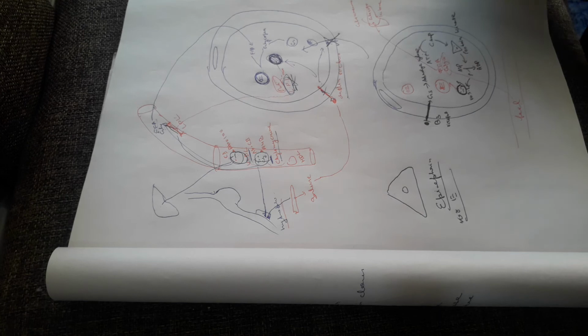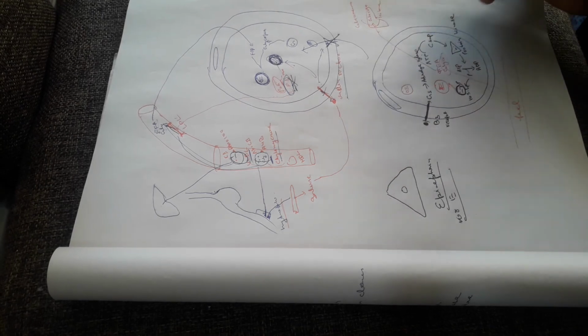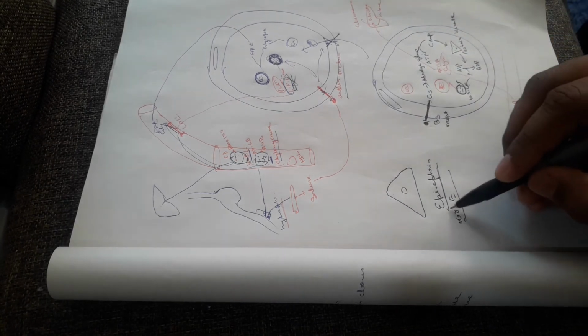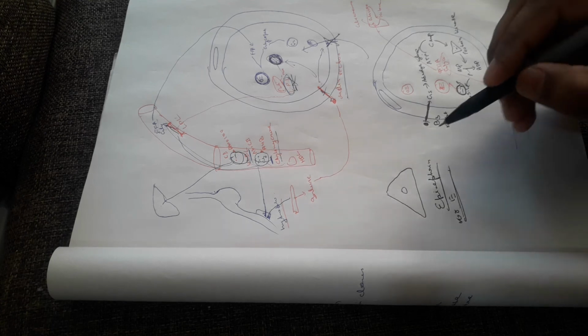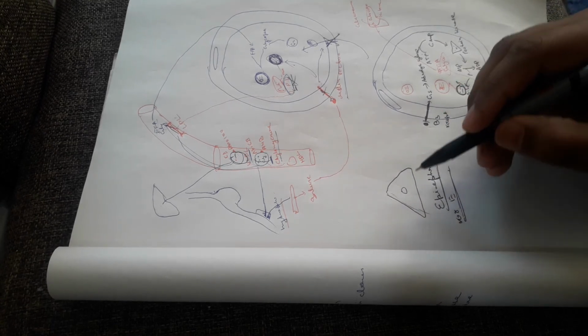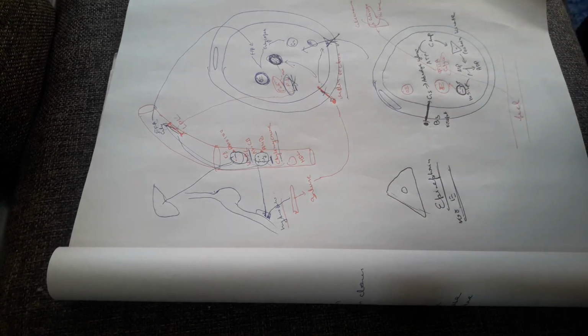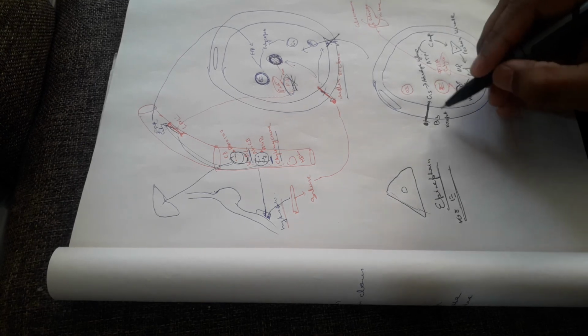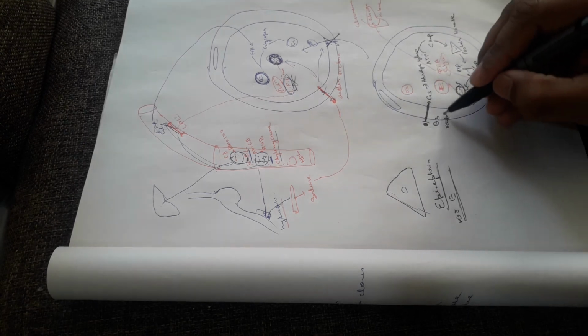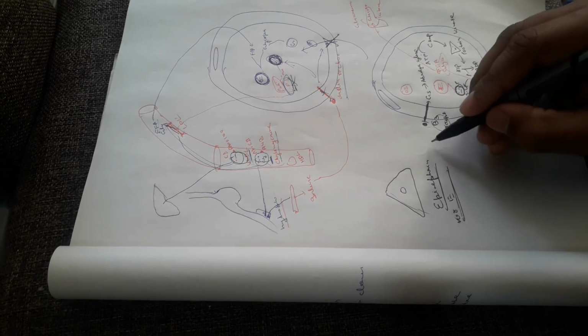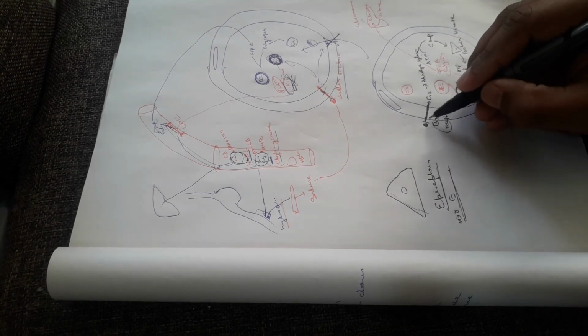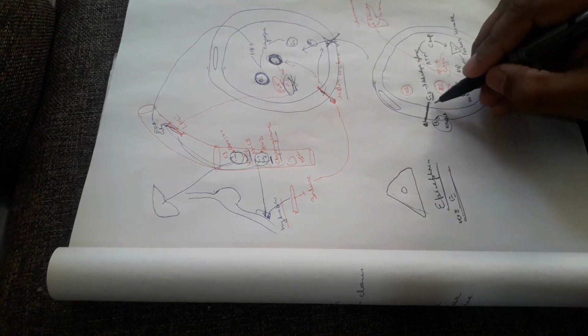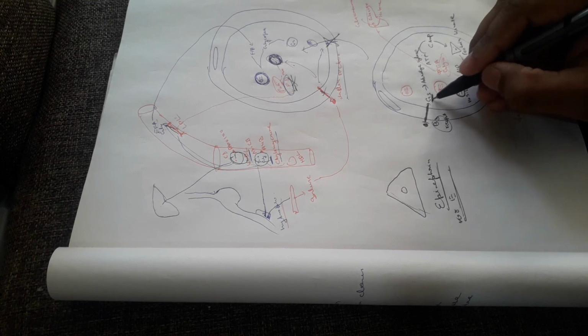Let's revise the energy release process. Epinephrine and norepinephrine are secreted by the adrenal gland when blood glucose level is low. So it goes to the adipocyte cell, and here the B3 receptor is present. Epinephrine binds with the B3 receptor and stimulates the G stimulatory protein.